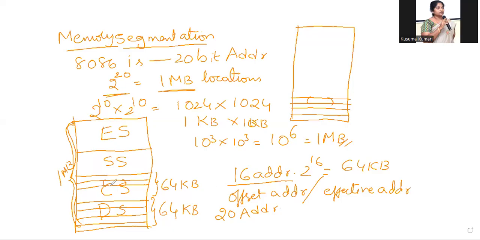The same memory location can be identified within a segment using 16 address lines, but within 1 megabyte of memory we have to use 20 address lines. When the memory location is identified by 20 address lines, this is called the physical address.